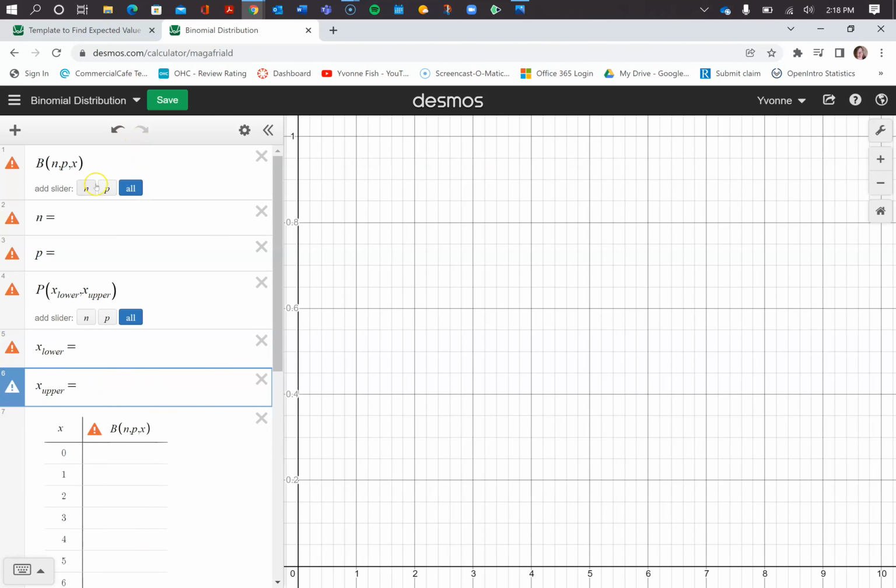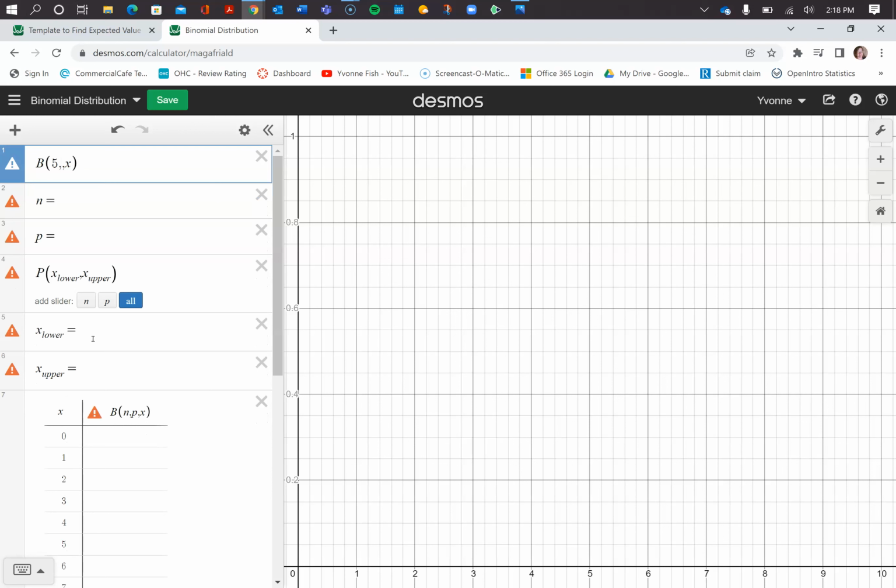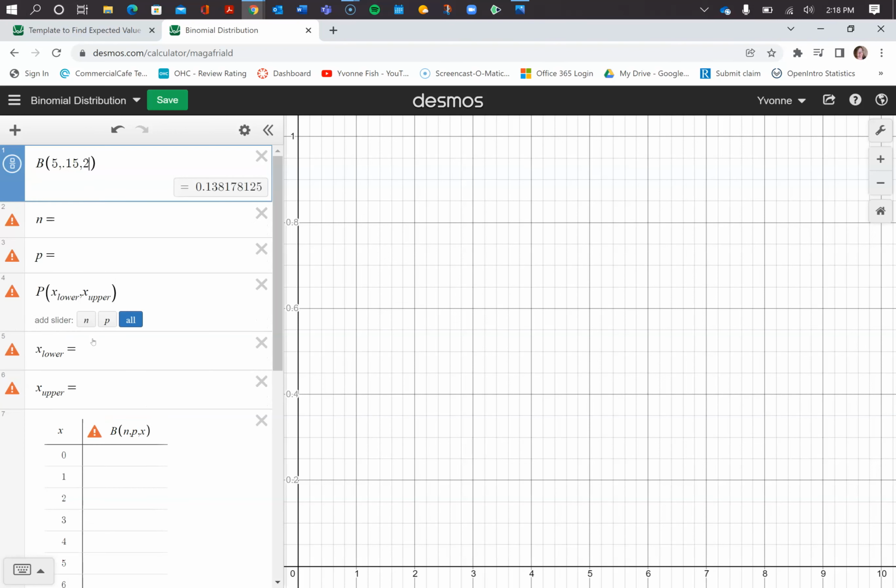When we fill this in for ours, we want to have the binomial distribution. We have n is 5 for our problem. The probability is 0.15 for that particular color, green, and then the x, exactly 2, is what we're putting in there.